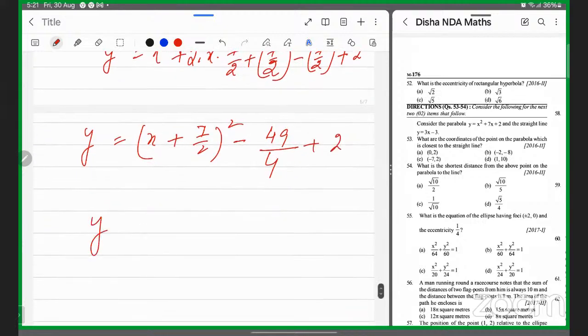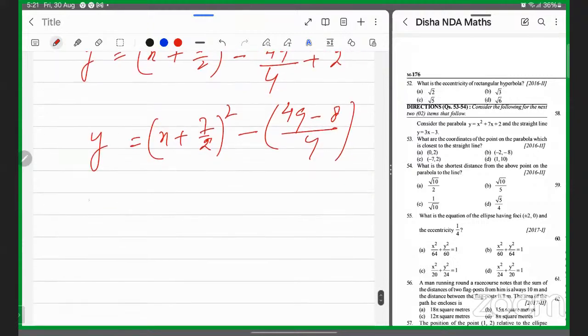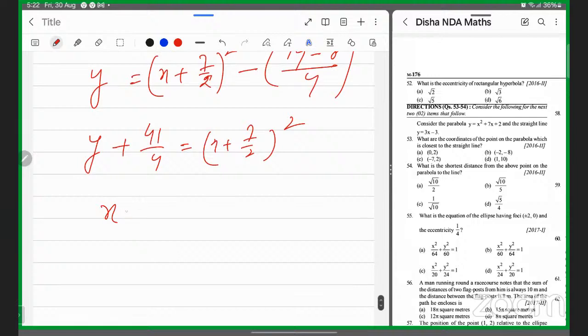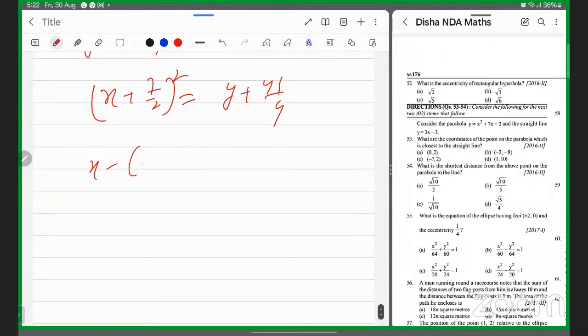So y equals x plus 7 by 2 whole square, 49 minus 4 to the 8 by 4, this side 41 by 4. So x plus 7 by 2 whole square equals y plus 41 by 4, that is x minus minus 7 by 2 whole square, y minus minus 41 by 4.